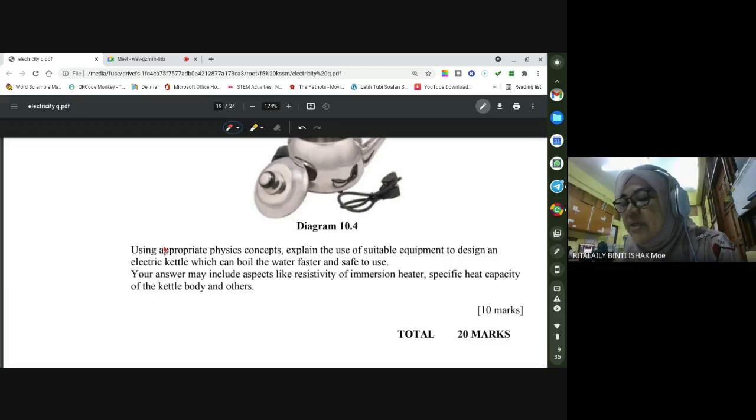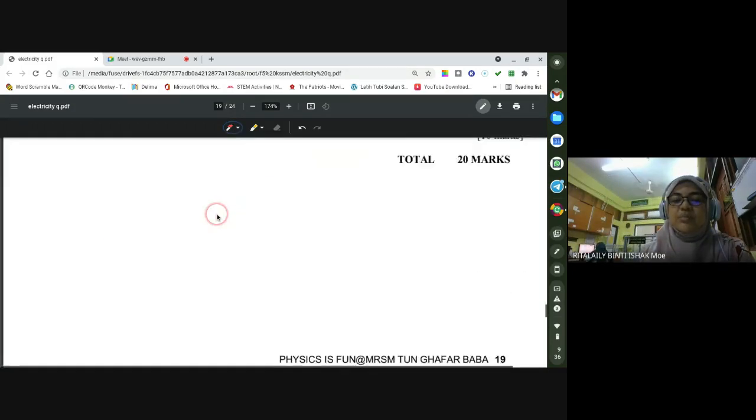Longer length of immersion heater has higher resistance, so when the resistance is higher, the heat produced is more. Lower specific heat capacity becomes hot faster. The thermistor sensor will switch off when it reaches a certain temperature. High power of immersion heater produces more heat.